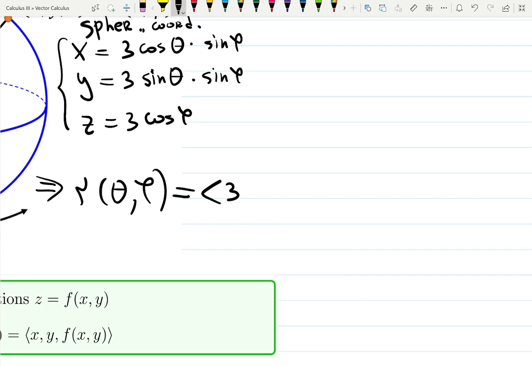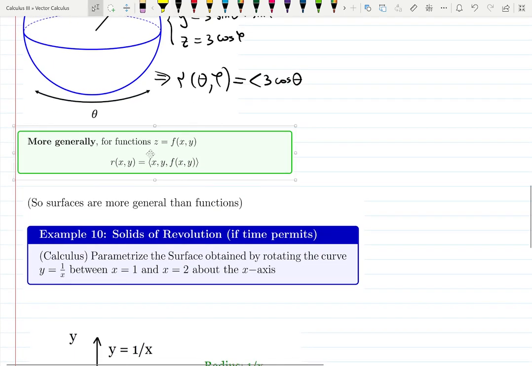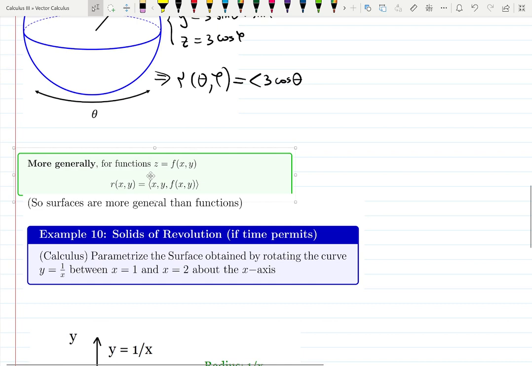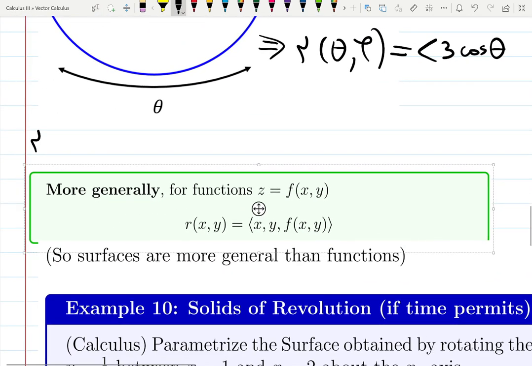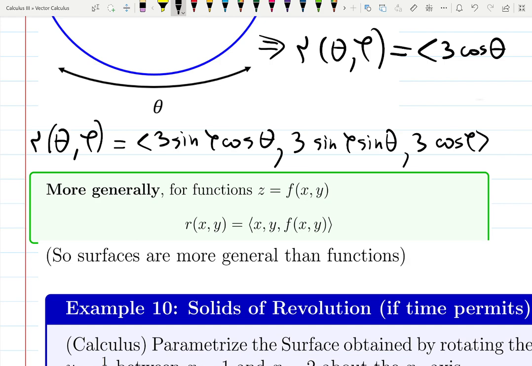It's going to be a very long vector, so let me have enough space. You list all of this, like so. r of theta and phi, depending on just two variables, will be: the first component is 3 sine phi cosine theta. I changed the order, it doesn't matter. 3 sine phi sine theta, comma, 3 cosine phi.